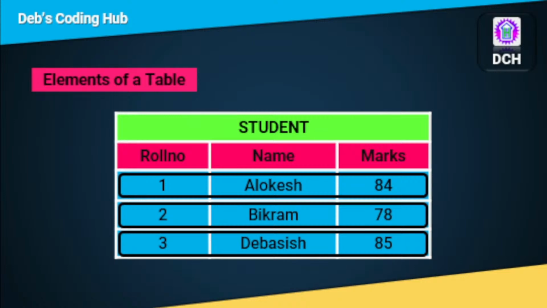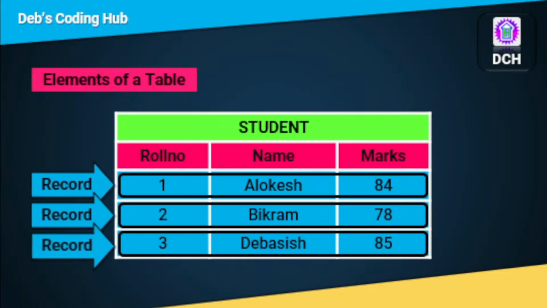So every row is representing data of one student. Let us see the first row. Here the roll number is 1, name is Alokesh, and marks is 84. So this is the information of a student. This is called a record. So these three are the records or information of 3 individual students.